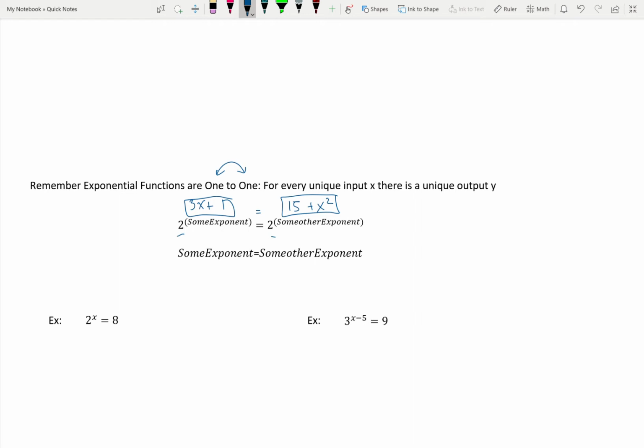So whenever you have the same bases that equal each other, that means their exponents are the same. You'll see how this plays out and why that's so useful as we do the examples below.